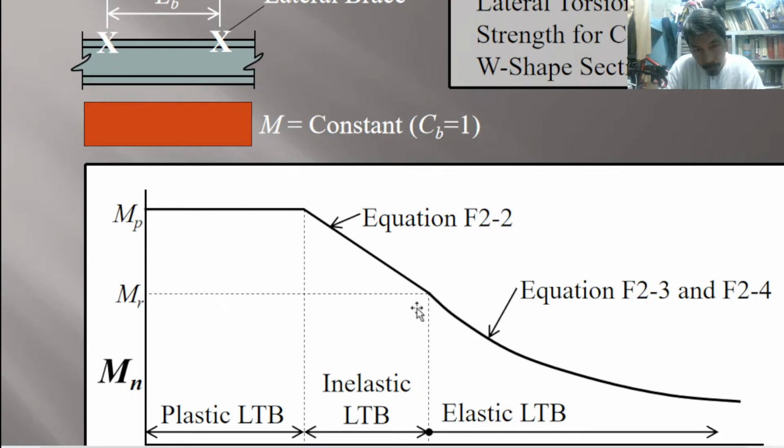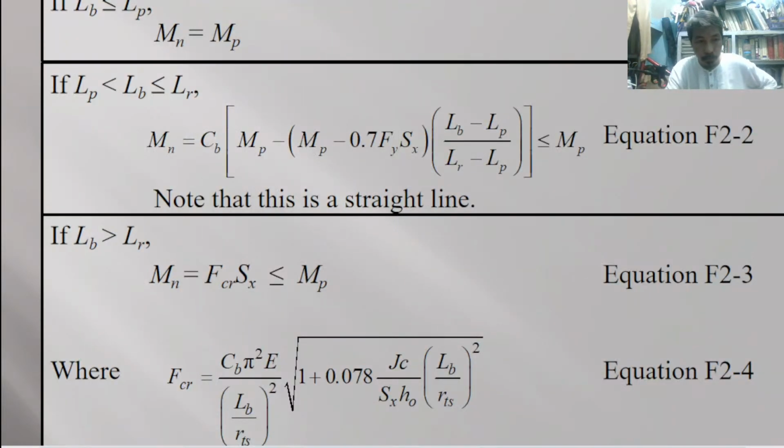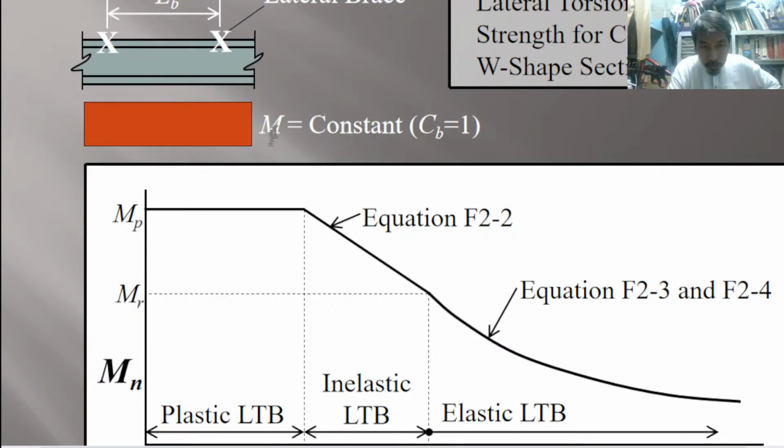So again, a very familiar curve here, wherein we have the elastic region, the inelastic, and then the plastic. So inelastic is the region intermediate or in between elastic and plastic, a very small region here. So M is equal to constant, meaning Cb is equal to 1.